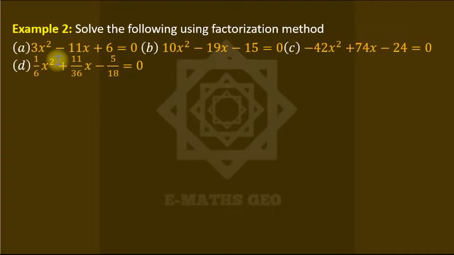Though in a real question, they will ask you to solve, meaning you now check whether it's possible to use factorization or other methods. But now they know that it's factorizable. That's why they say we should solve by factorization. So let's solve.